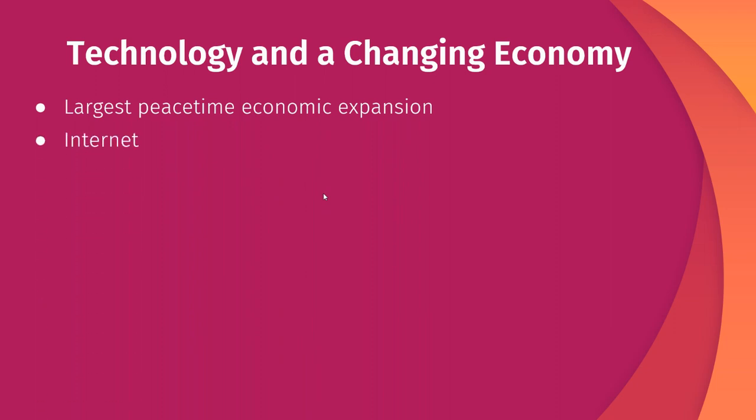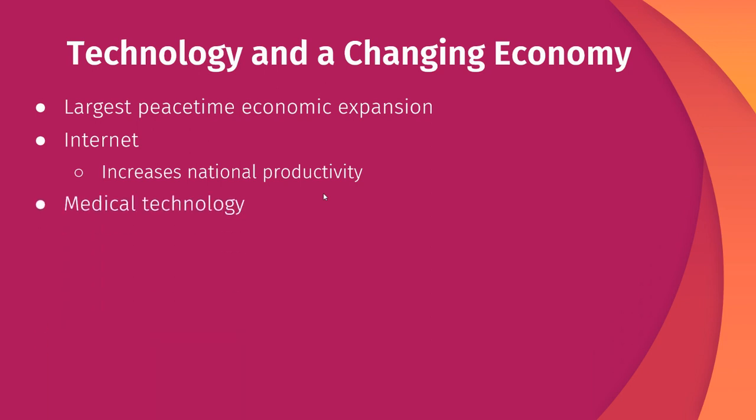In the 1990s, I kind of mentioned this already, but one of the things that defines the 1990s is technology. The economy after the collapse of the Soviet Union is changing, and it's changing in large part due to huge technological changes.